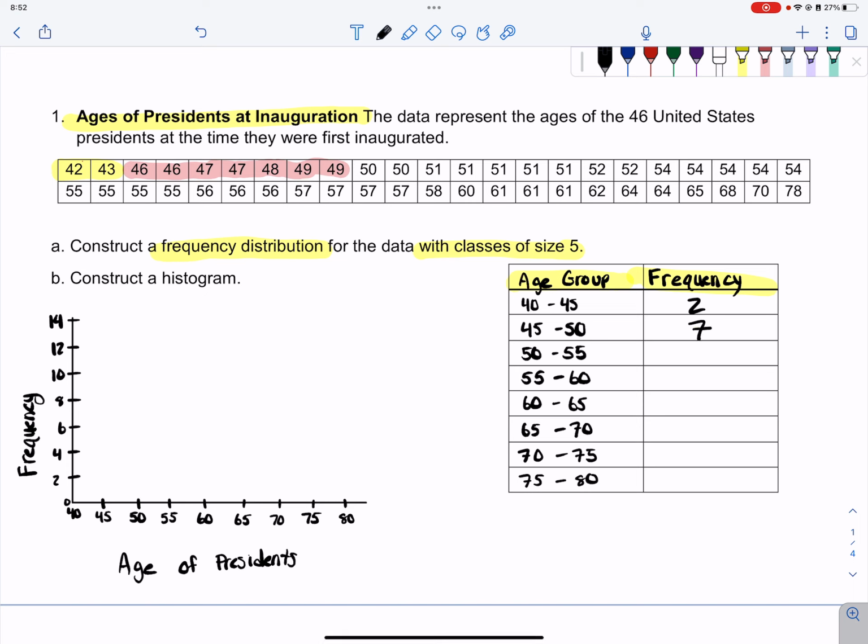And now 50 to 55, we have 14. And then next, 55 to 60, we have 12. 60 to 65, we have 7.